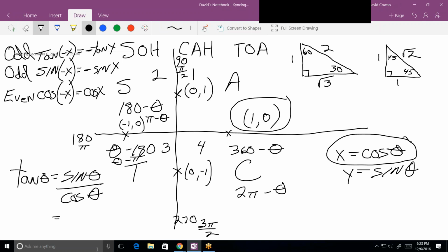No, sine of 0 is the y coordinate on this ray right here that I circled. Oh, 0. The sine is the y coordinate. Cosine is the x coordinate. So sine divided by cosine is 0 divided by 1. The tangent of 0 is 0.